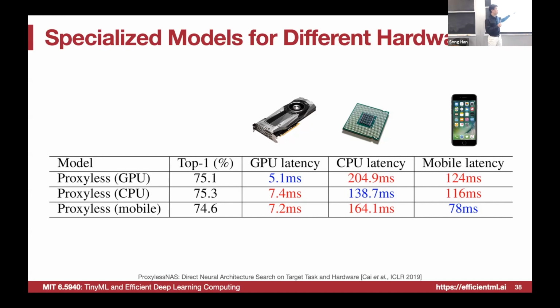Interestingly, this has a diagonal pattern where the model designed for the GPU works the fastest on the GPU platform. The model designed on the CPU works the fastest on the CPU. And the model specialized for the mobile works the fastest on the mobile device, which makes sense.